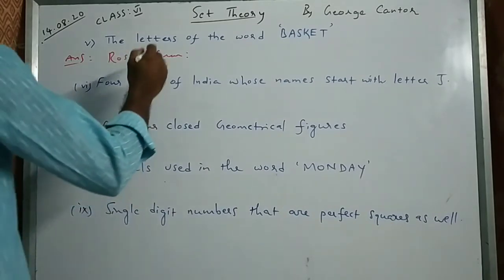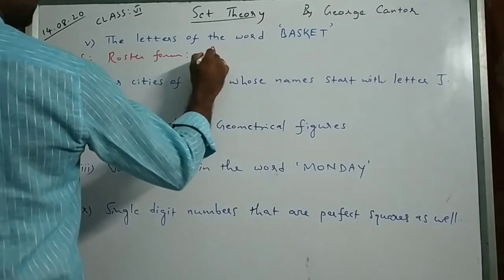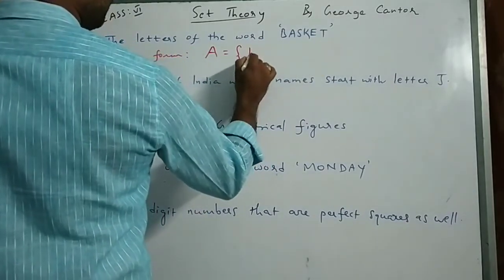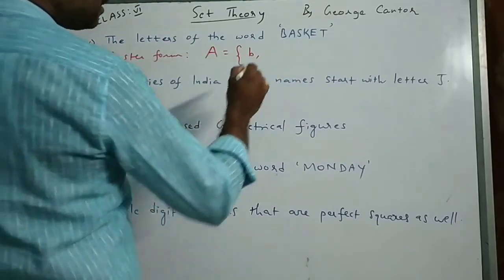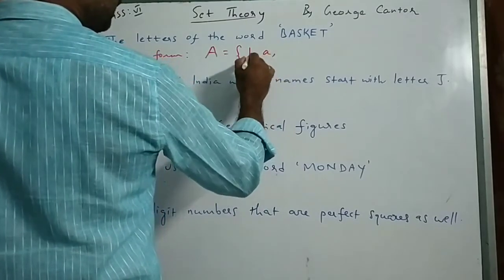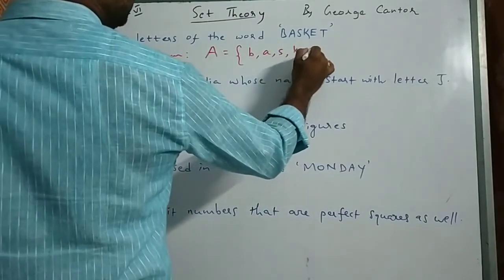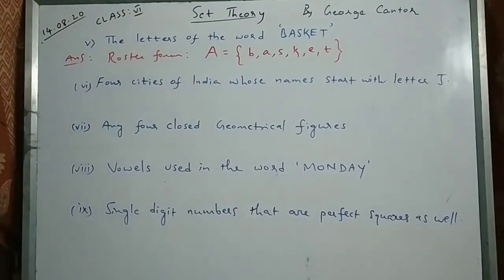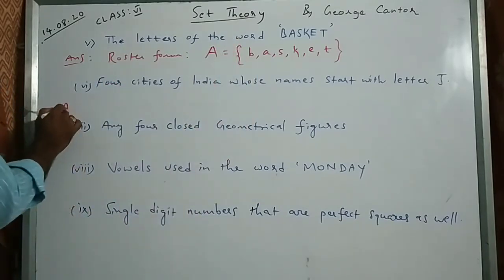We are writing it in the roster form. Let me take set A again, equal to, what are the letters of the word basket? Though they give capital letters, write the small letters in the set brackets. Okay, b, a, s, k, e, t. There is no repetition, no? So b, a, s, k, e, t. There is no repetition, so we will write all the letters there.